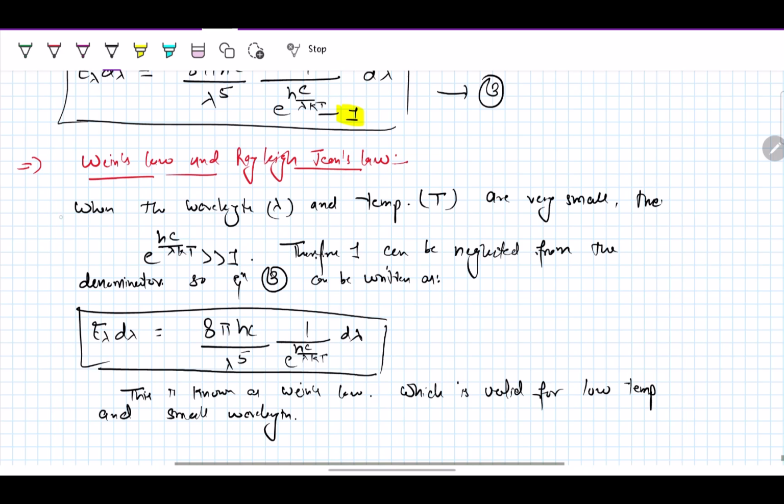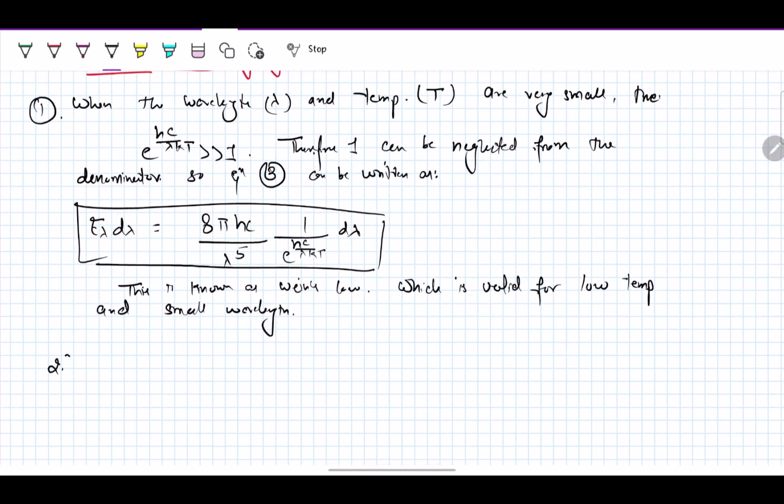So this is the first case, that is called Wien's law.